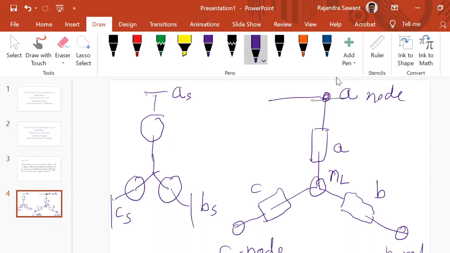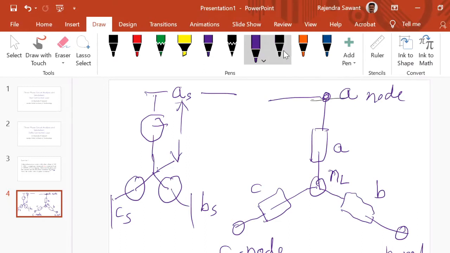And each one of them has a single phase supply, a single phase system. This is the phase to neutral voltage here. And if you look at the line, then it's a line voltage, the phase to phase voltage.